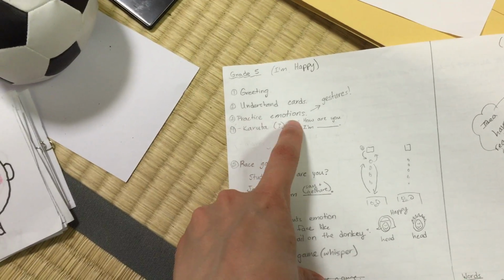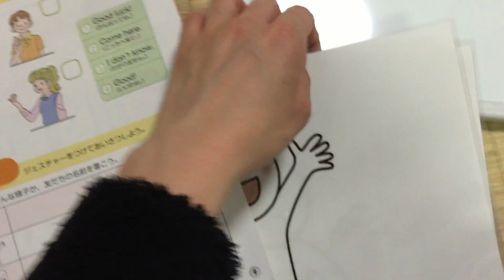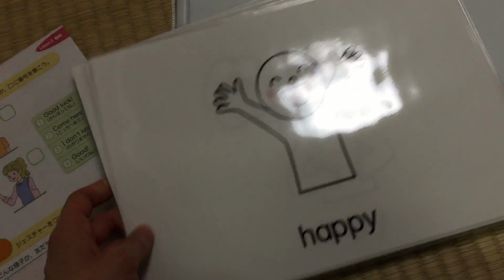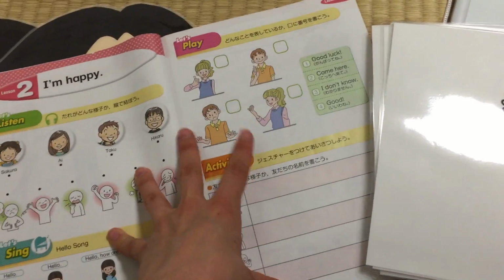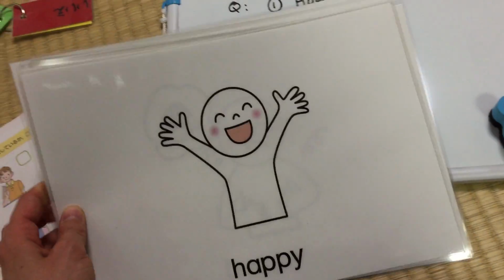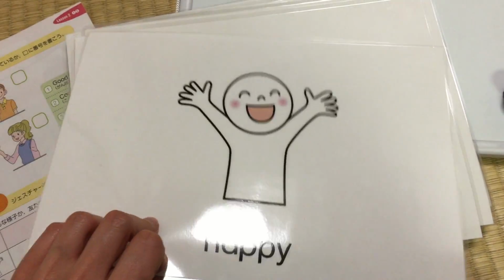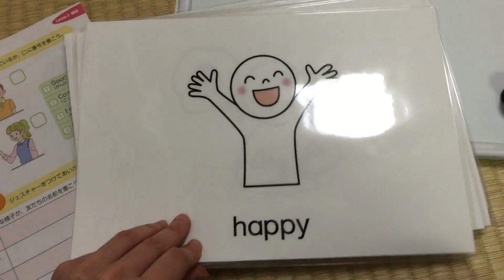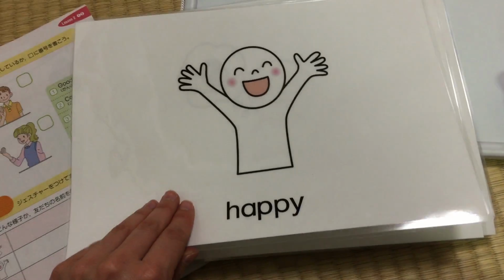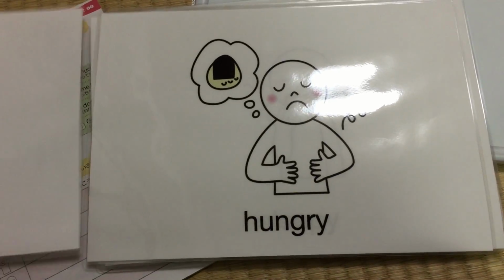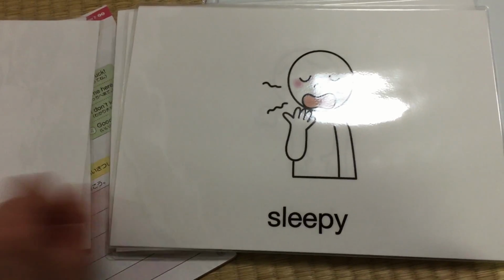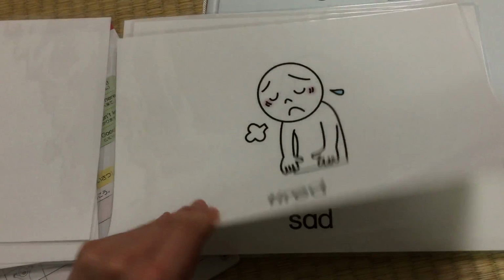And then practice emotions. I've got these wonderful flashcards that came with the software associated to this textbook, so it's the same character, and these ones are nice and laminated. I would go through all of them once just by saying and gesturing what it is. So happy, hungry, sleepy, tired.